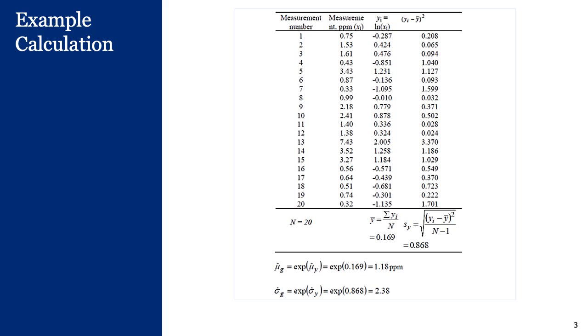It's a dimensionless number because, like we discussed earlier, it is considered as the ratio of the 84th to the 50th percentile of the values. And so therefore, there's no unit to this number. And so this is one straightforward way in which we can calculate the geometric mean and geometric standard deviation.